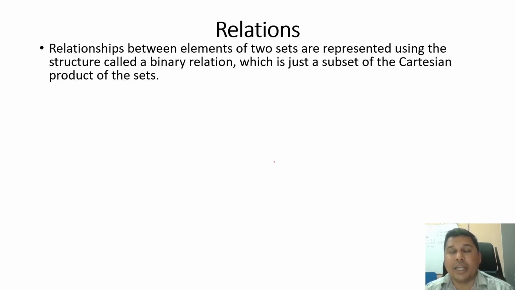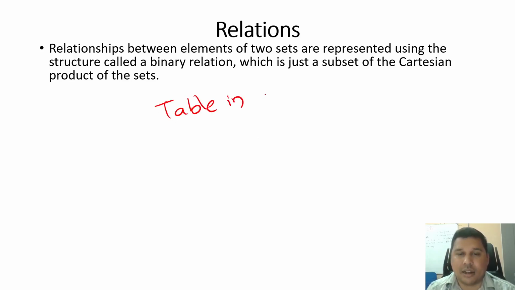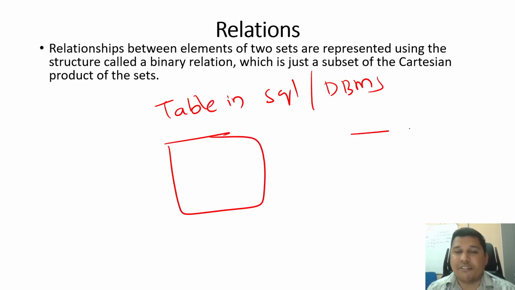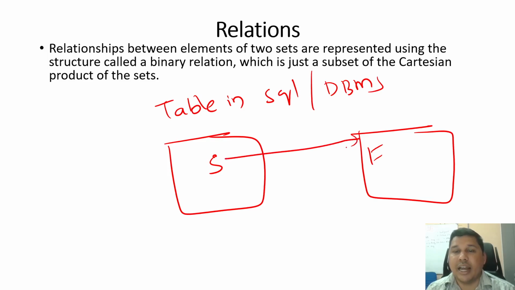One best example is from tables in the SQL or DBMS course. We have a student table, we have a faculty table. Some students register for courses under faculty and some faculty teach some students, right?